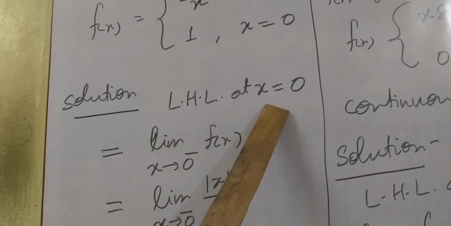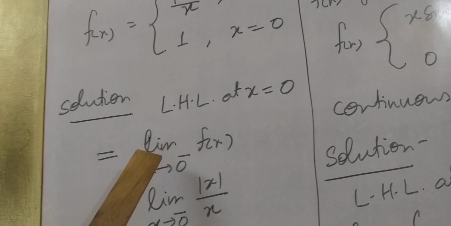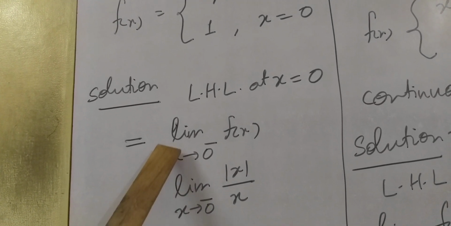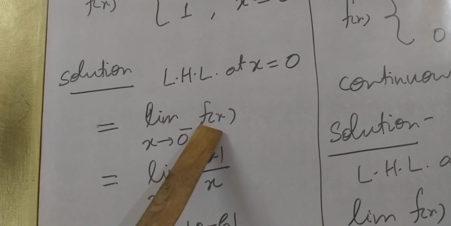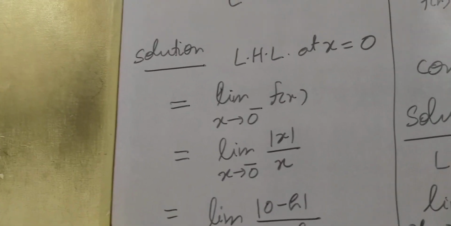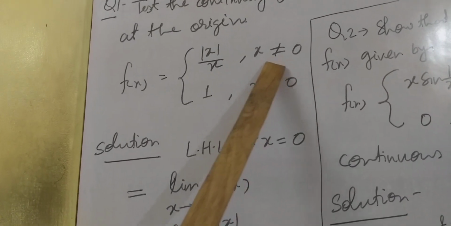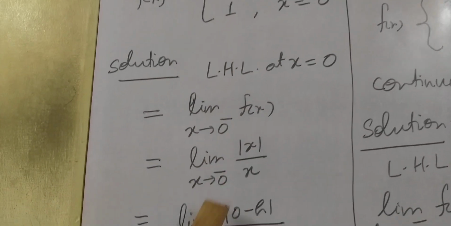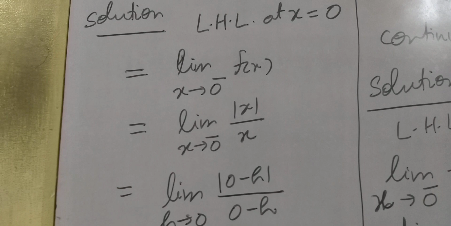LHL at x equal to 0, left hand limit. We discussed left hand limit yesterday: limit x tends to 0 minus of f(x), where we take a value little bit less than 0. So for a value less than 0, this function will be applied, mod of x upon x, at x tends to 0 minus.